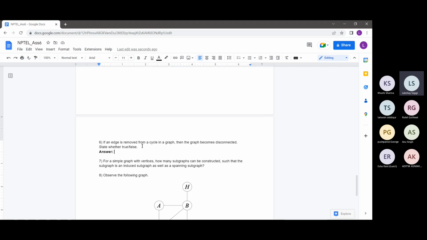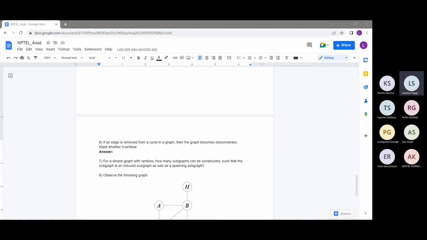State whether this statement is true or false. So I think this has already been covered in the lectures, or you can just see directly also. The question is basically asking that suppose we have a cycle in a graph, and then I remove one edge from the cycle. So will that graph remain connected or will it be disconnected now? Like, can it be the case that the graph is disconnected if we remove an edge from a cycle?